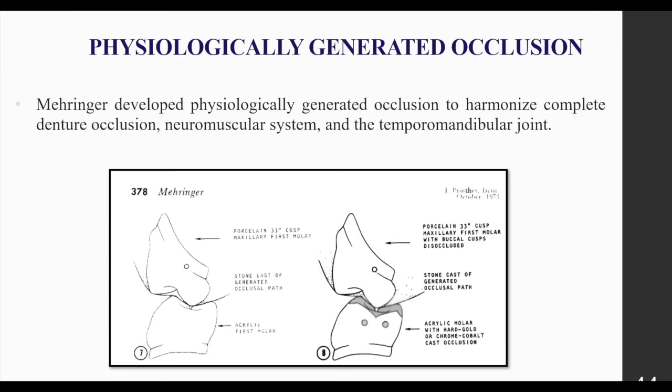Coming to physiologically generated occlusion developed by Meringer, he said to harmonize the complete denture occlusion, neuromuscular system, and the temporomandibular joint. In this denture, first the complete denture is fabricated, and only the maxillary complete denture is processed.